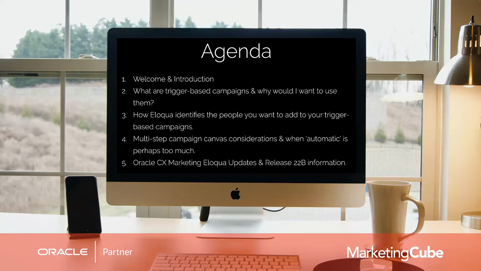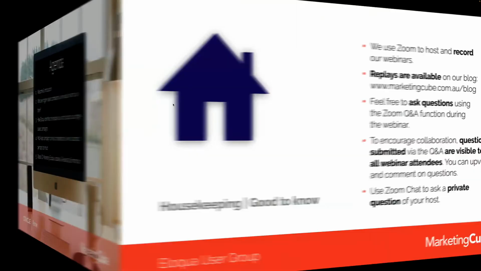There are a whole range of considerations there. We'll also touch further on Release 22B, which we covered last month, but we'll revisit it for those who weren't with us. And of course, Q&A is live throughout the entire session, so please feel free to use it.